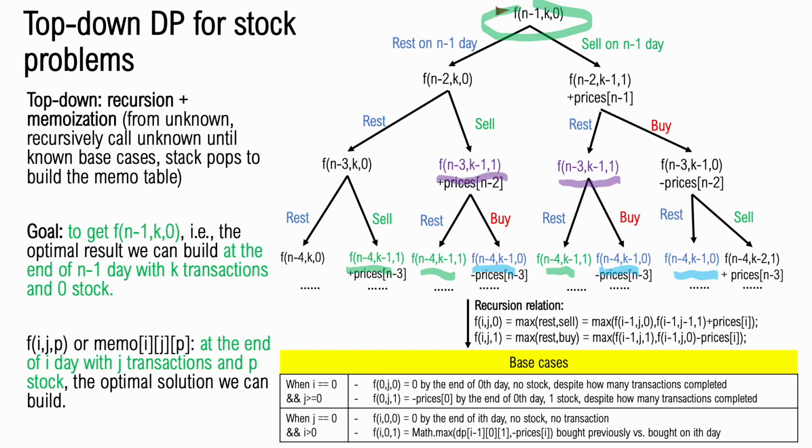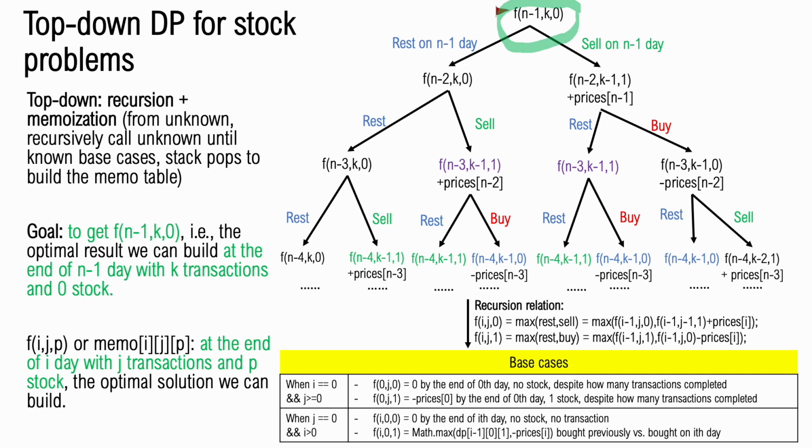So let's look at the top-down dynamic programming for the stock problems, if we use the stock problem for the generic form as an example. We can see that our goal here is to get f n-1 k 0, which is the optimal solution at the end of the last day with k transactions and no stock in our account.